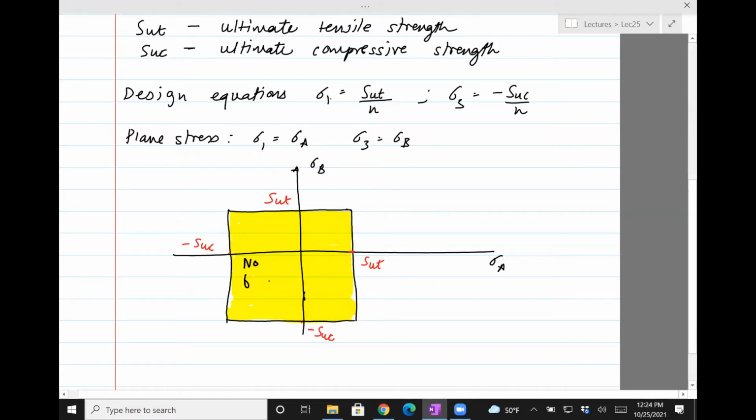Inside, no failure. Because that's a really simple theory, you'll see that it has its own limitations. Okay, so that's one theory for brittle materials.